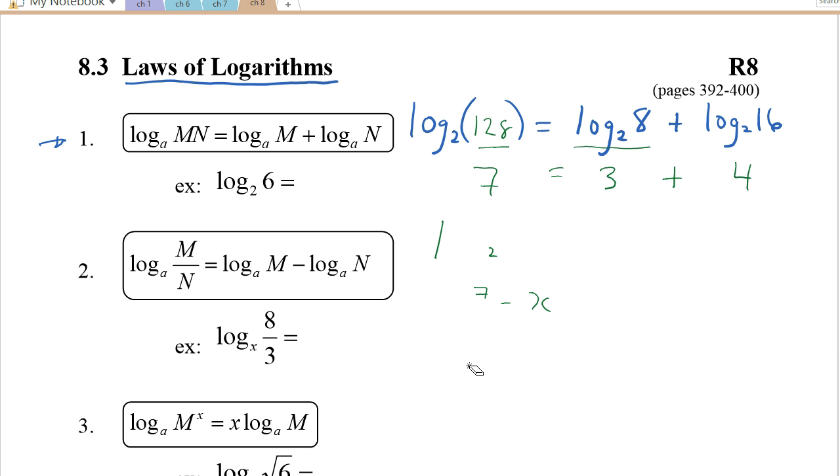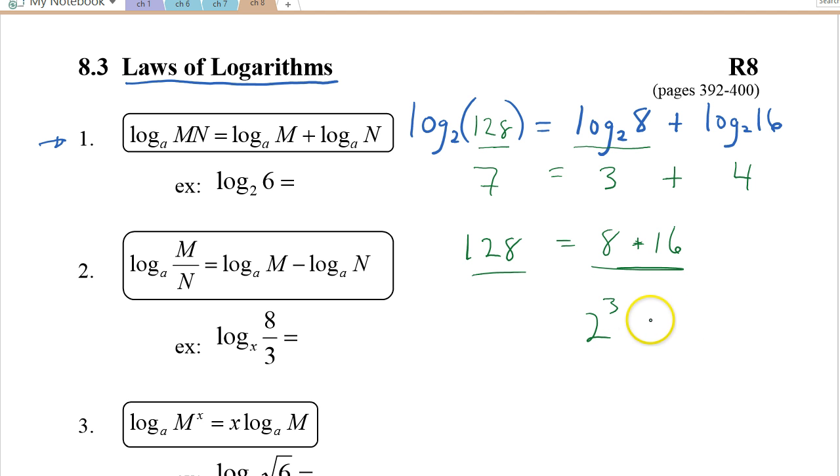Okay, so is this fairly convincing? Well, 128 just happens to be equal to 8 times 16 when we multiply these two together. So it has to do with the fact that 2 to the power of 3 multiplied by 2 to the power of 4 is equal to 2 to the power of 7.